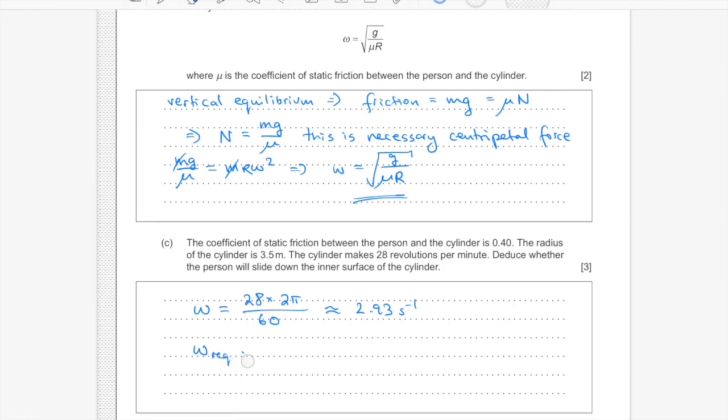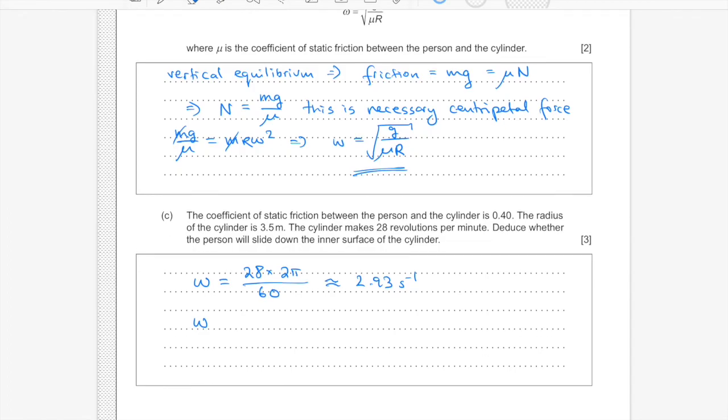So 2.93 radians per second is the angular velocity he has. We saw in the previous problem that the minimum angular velocity is given by that expression, so we plug in all the values and get something like 2.65. The minimum value is smaller than the actual value, so the person will not slide down. So it's a successful amusement ride.